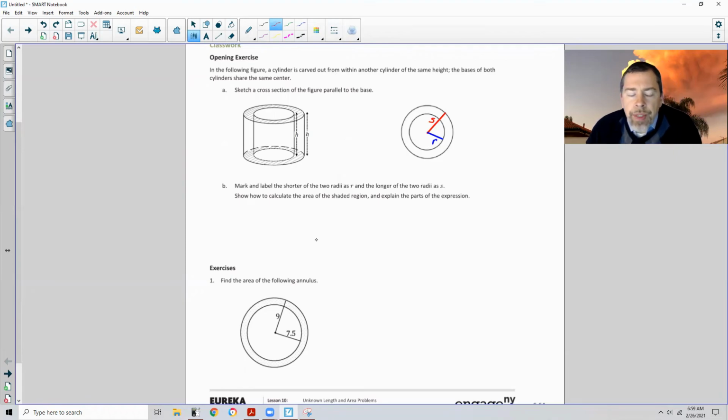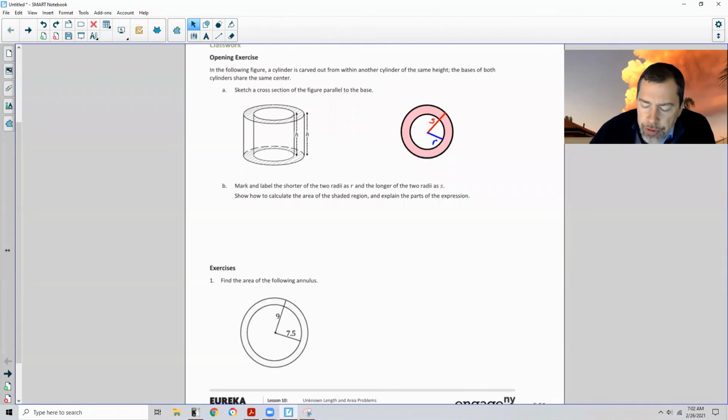Okay, that was easy. Now it says show how to calculate the area of the shaded region and explain the parts of the expression. Okay, so I wanted to shade that for you. So here it is. We don't have any values, but we can come up with a formula, and that's what they're asking us to do.